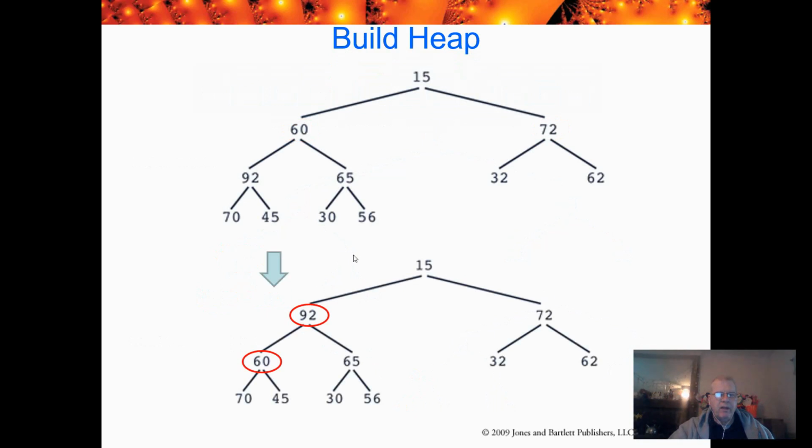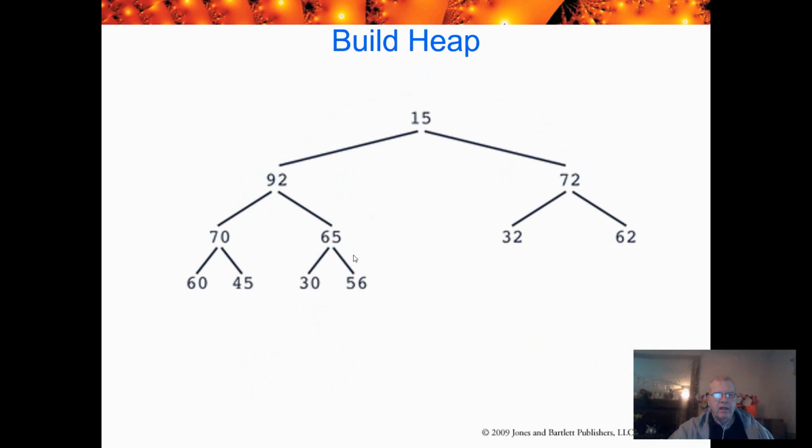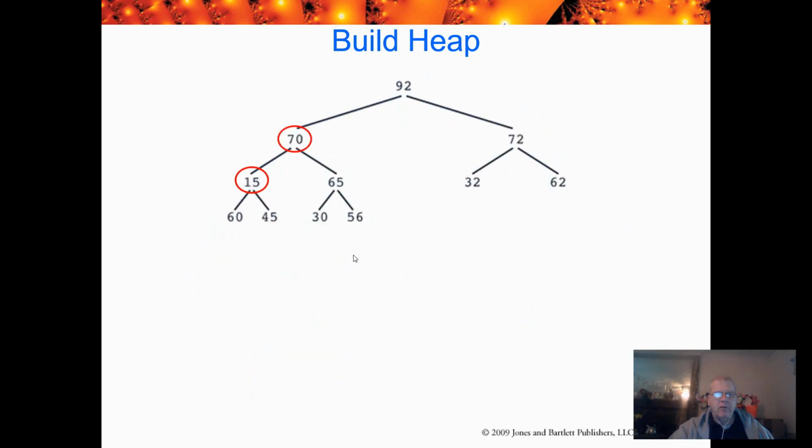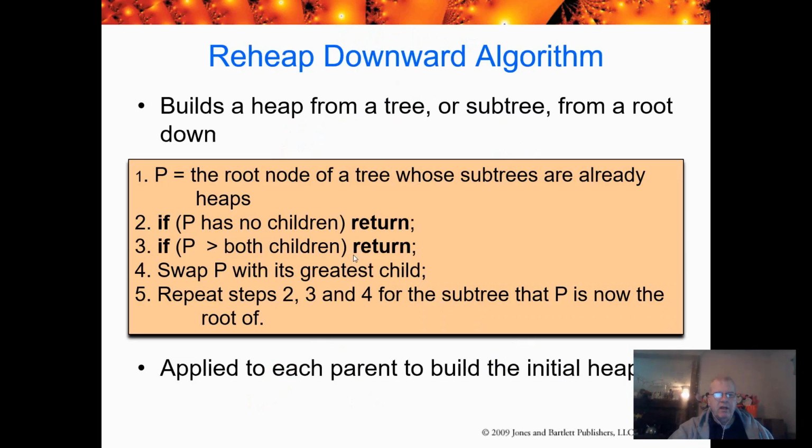So you have to swap it, reheap downward to 70. Now we check the last parent, 15, and we swap with 92. And that's not a heap, so we swap 15 downward with 70, 15 downward with 60, and that's the heap.